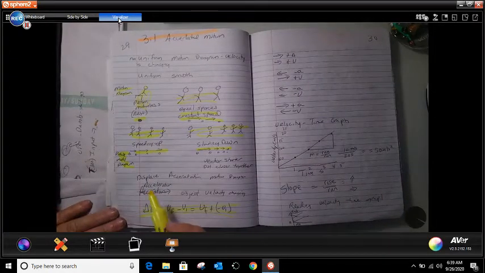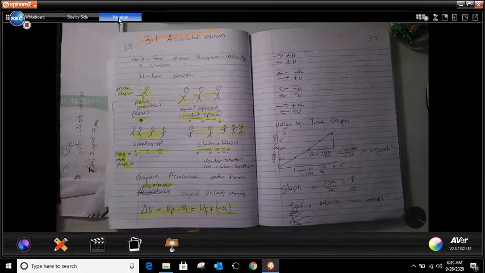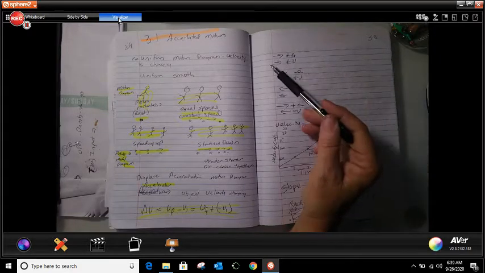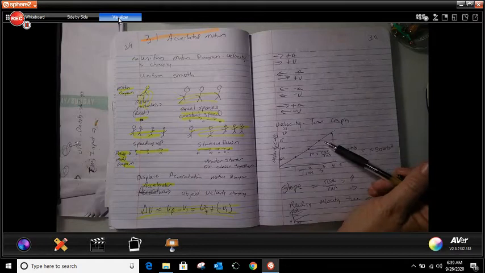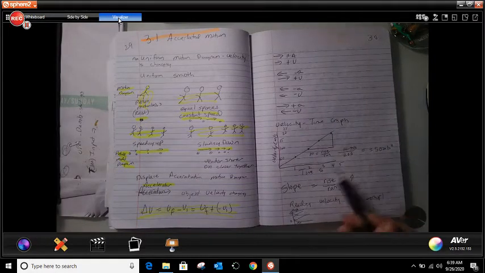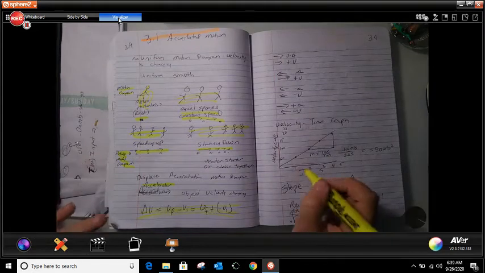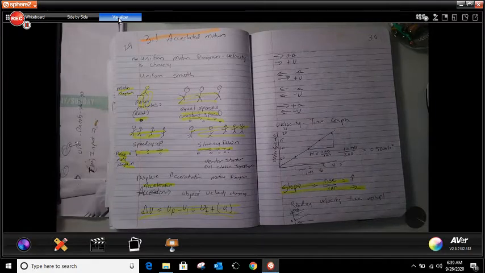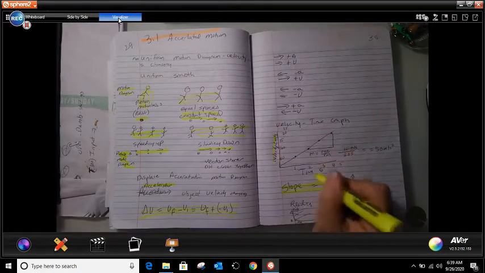The definition of acceleration along with the formula. It gives me how positive acceleration and negative acceleration, which way they're going on the graph. Also shows me my rise over run, showing me what slope is. Remember, slope has to do with velocity versus time graph.